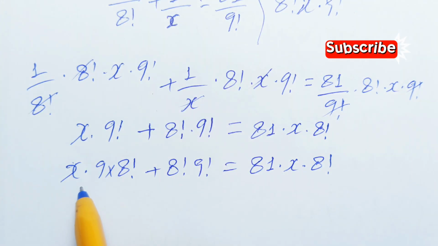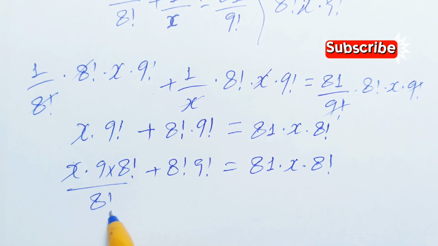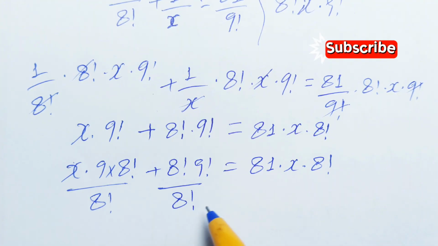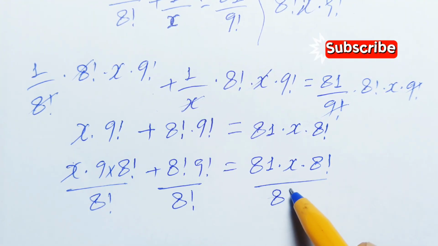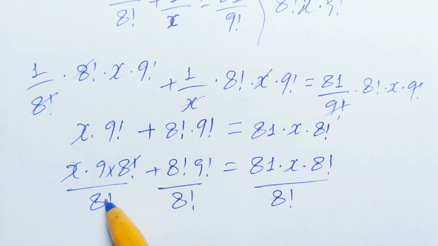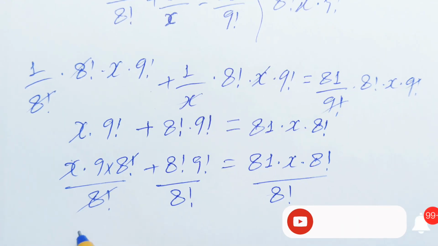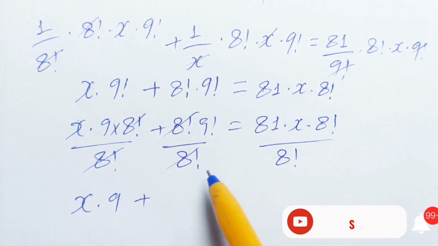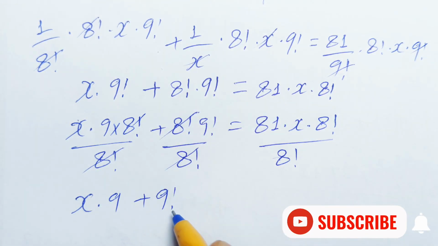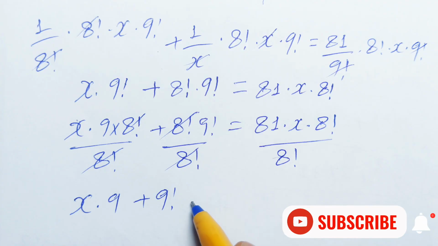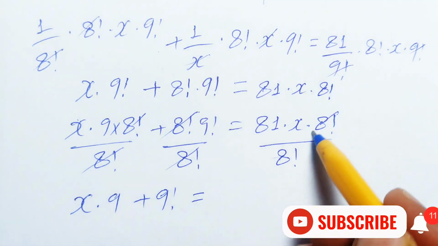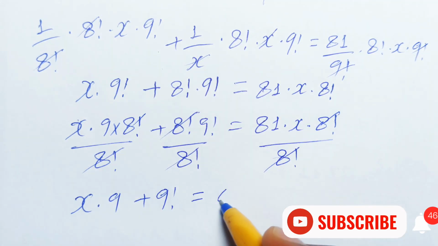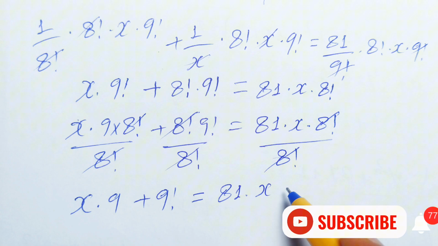Let's divide both sides by 8 factorial. So this 8 factorial cancelled by this one, what we are left with is x times 9 plus 9 factorial, which equals 81 times x.